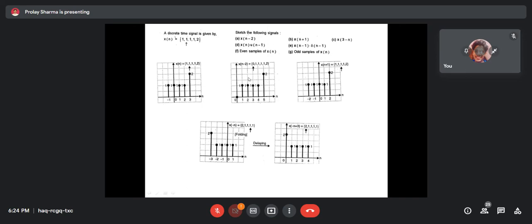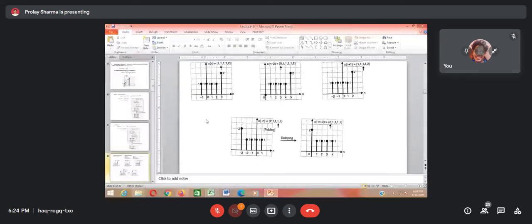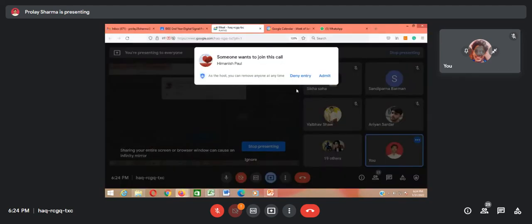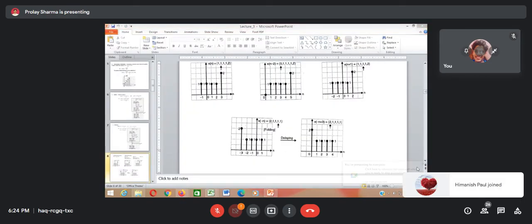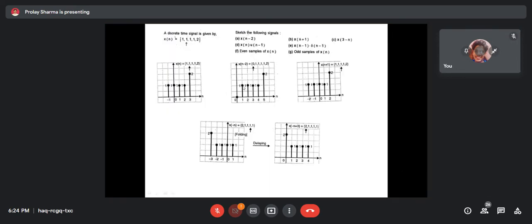The signal gets delayed by 2 units. The signal was starting from minus 1, now after a delay of 2 units it starts from 1. So this is delay.